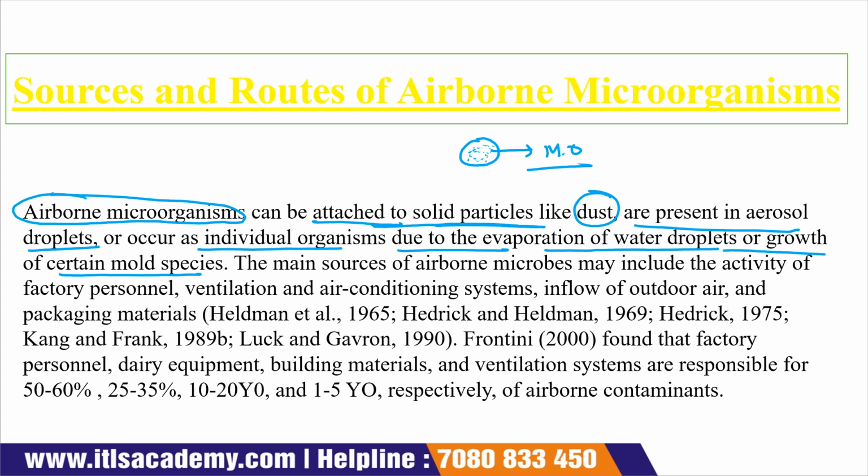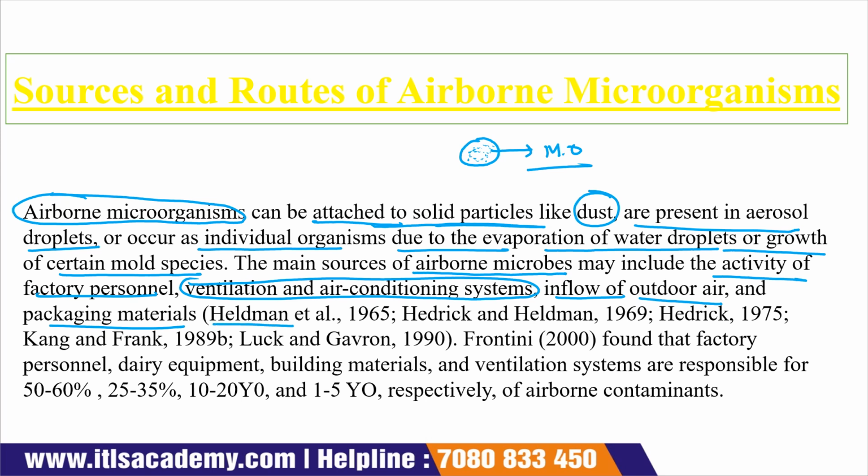The main sources of these airborne microorganisms are the activity of the factory personnel, okay, the persons who are working inside the factory, and the ventilation and air conditioning system. They are the main source of airborne microbes, followed by outdoor air and packaging material.